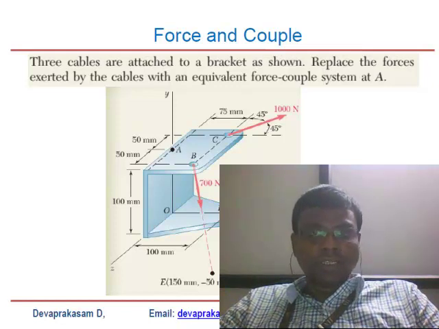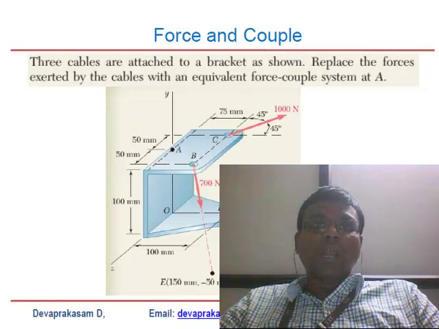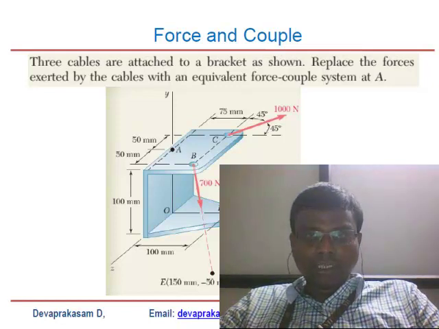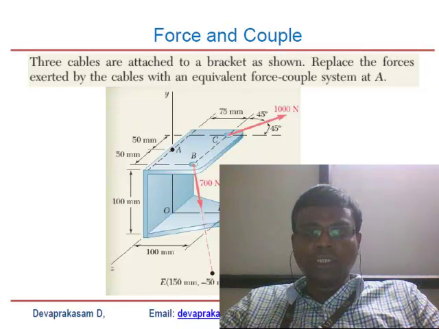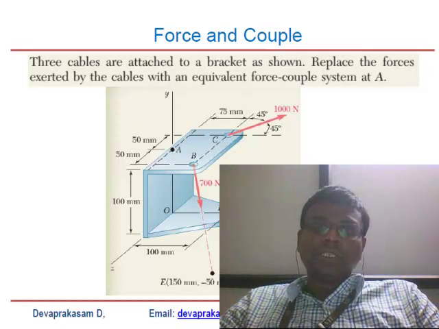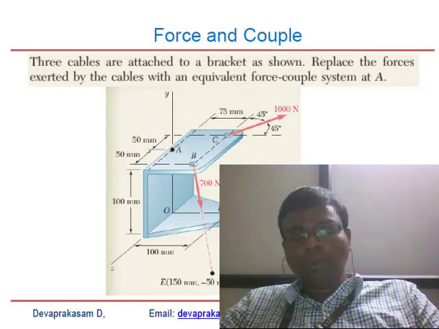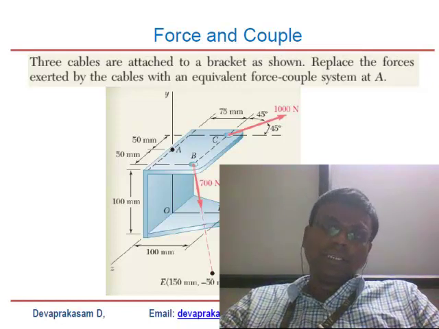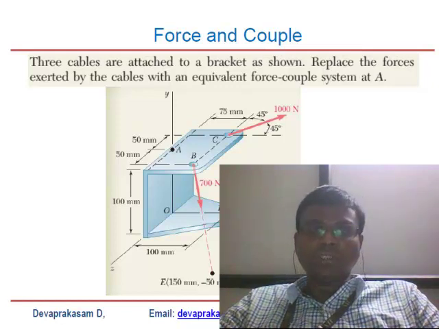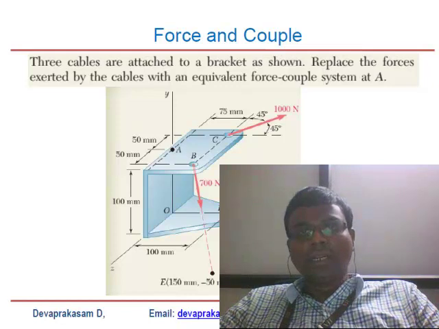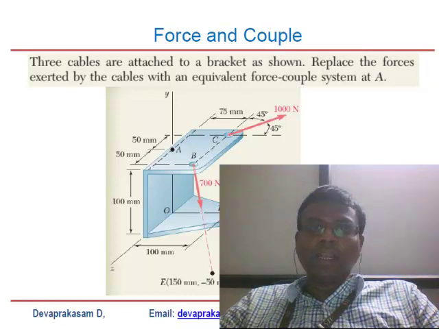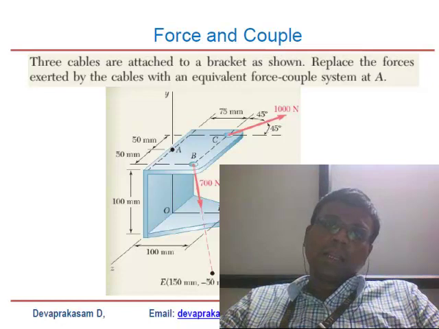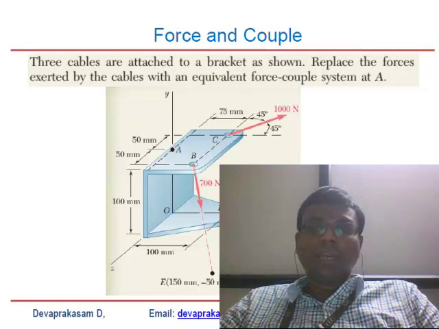There are x, y, z directions, and there are positions and angles mentioned. The forces act along D, B to E, and there is C. At C there is 1000 Newton acting, at B 700 Newton acts, and at D 1200 Newton acts.